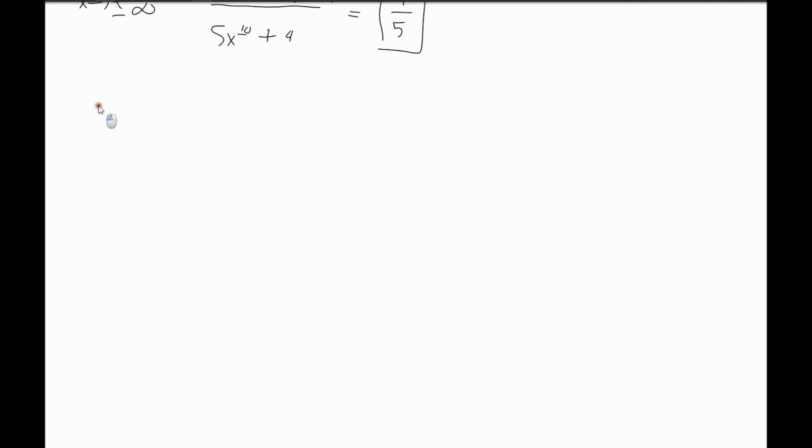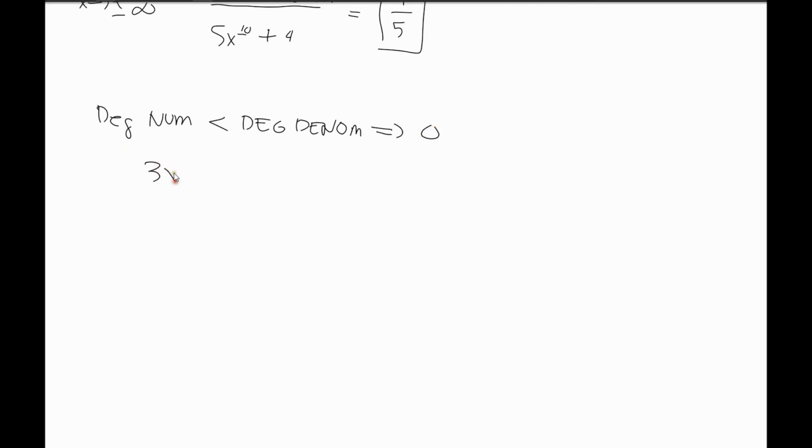Okay, so let's try another one. If the degree of the numerator is less than the degree of our denominator, therefore the limit is 0. So let's try.